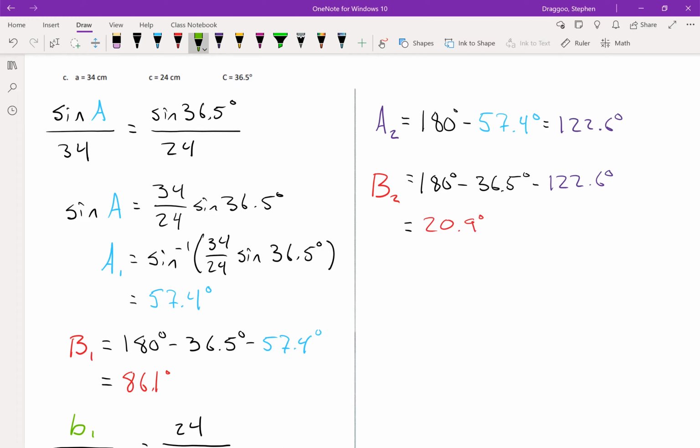And then we'll solve for side B2. So B2 over the sine of 20.9 degrees is equal to 24 divided by the sine of 36.5 degrees. Because again, I'll come back to that given information.